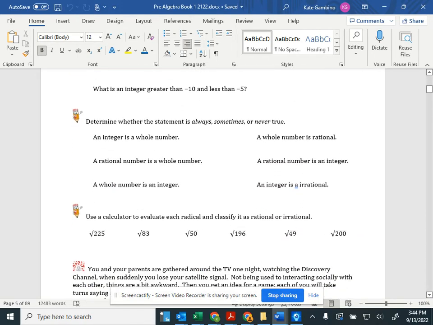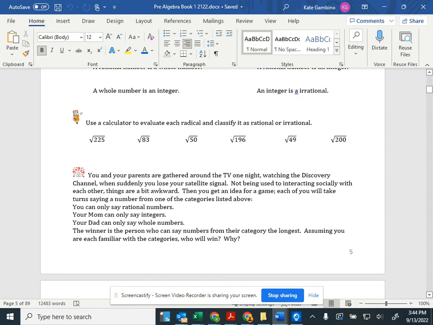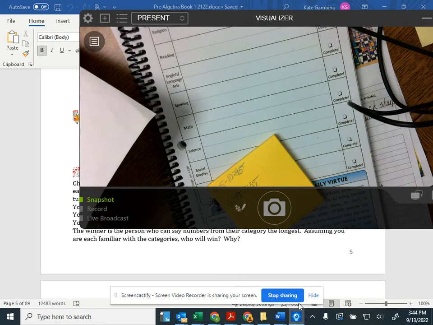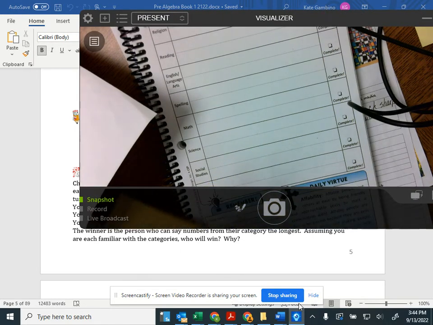Let's look down at using a calculator. I was showing us in class how we use the second button, and then we go down to where that square root is on our calculator. Well, let me turn this on and see if I can get this to work.